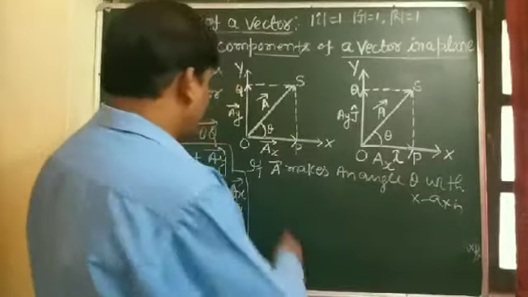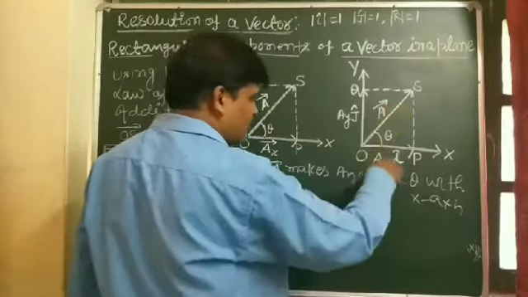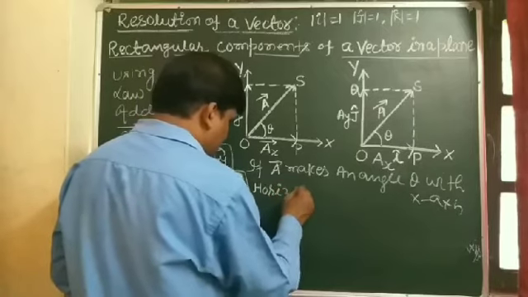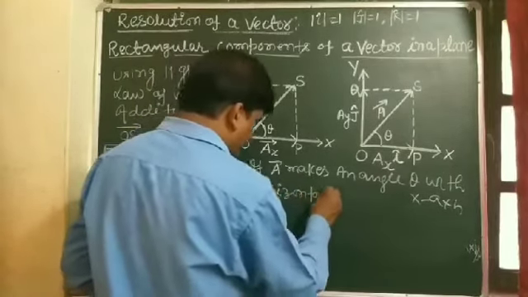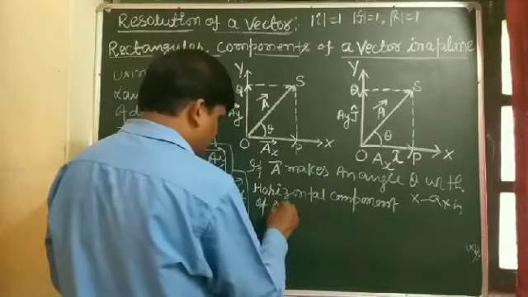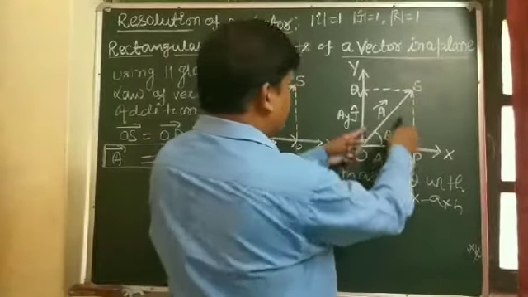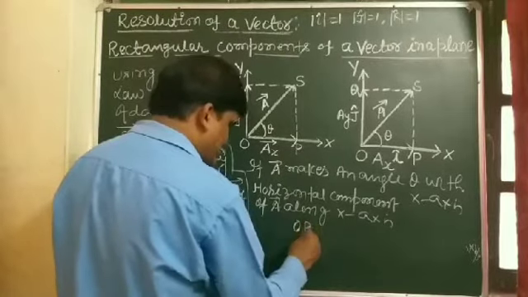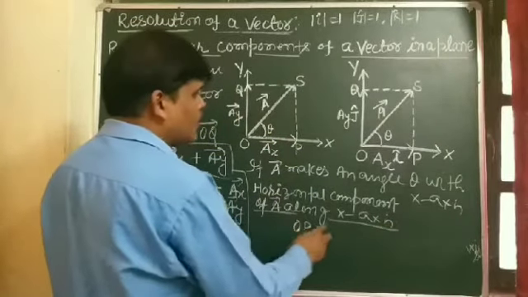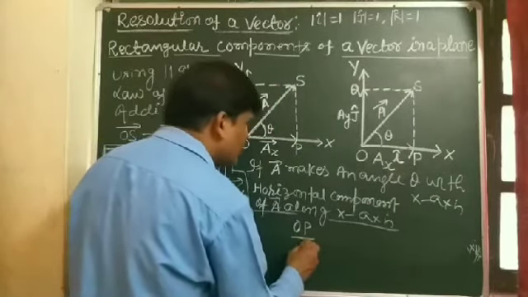So if vector A makes an angle theta with the x-axis, what is the horizontal component of vector A along the x-axis? The horizontal component is base by hypotenuse, that is OP by OS.